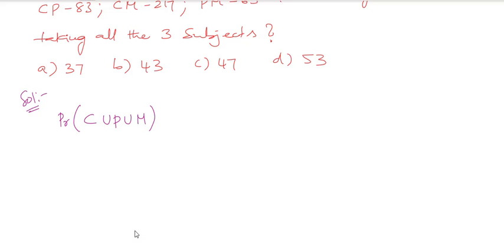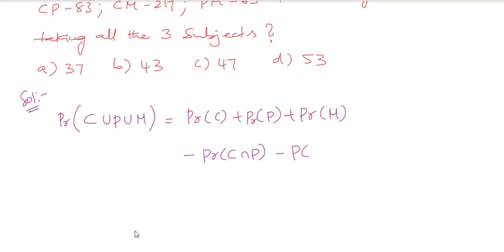This is your addition theorem: probability of A union B union C. If I expand this, we will have probability of chemistry plus probability of physics plus probability of mathematics, that is, probability of A plus probability of B plus probability of C. Then the next terms: minus probability of chemistry intersection physics, minus probability of physics intersection mathematics, minus probability of chemistry intersection mathematics, plus probability of chemistry intersection physics intersection mathematics. This is the criteria. Am I right or not?